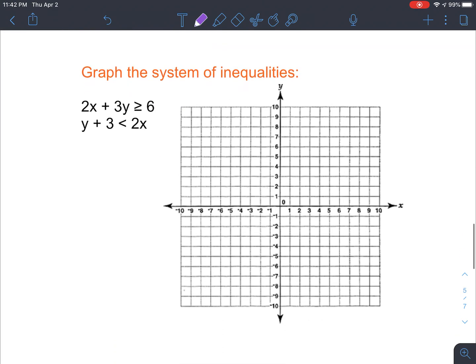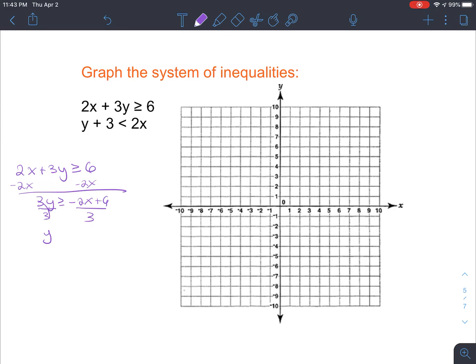So let's do some practice. Graph these systems of inequalities. If we're graphing the system of inequalities, we want to make sure we're graphing our boundary line, which means we have to start by solving for y equals. So 2x plus 3y greater than or equal to 6. I start moving things over, and I divide by 3.